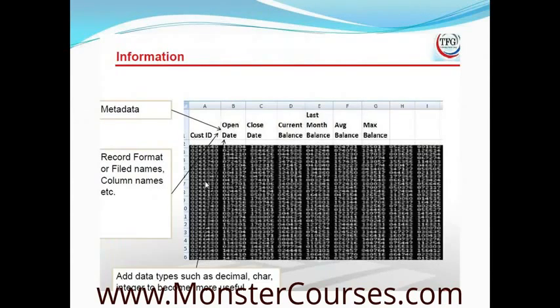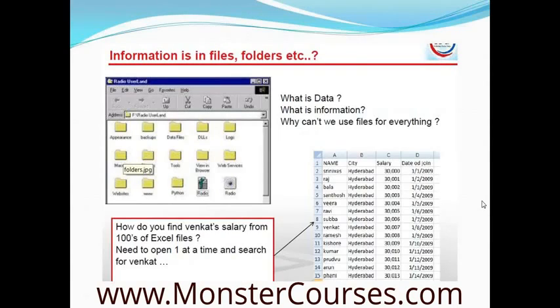So this is customer ID, and customer ID is nothing but metadata. By seeing this we can analyze that this column is customer ID, and this is the date column. All these things give us information about the data.